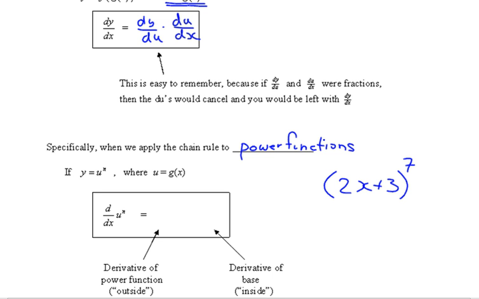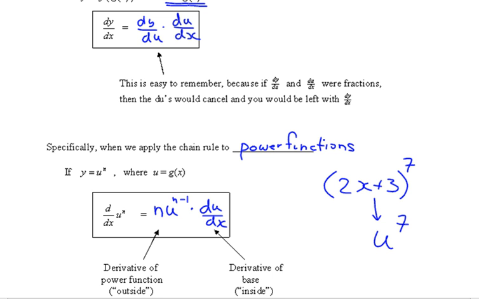Well, guess what? You can still do the derivative as usual. If you have u to the 7th, let your u be 2x plus 3. The derivative is quite simple. It's n u to the n minus 1. So whatever power you have, and then one less. Exactly what you used to do. The only difference is there's one more step. You must follow it with the derivative of u with respect to x. We always want to get down to x itself.